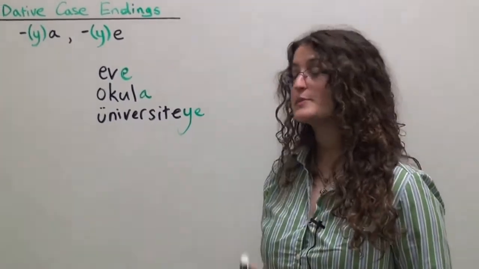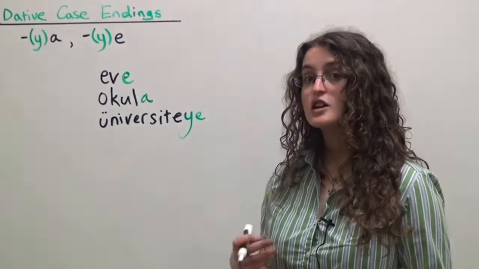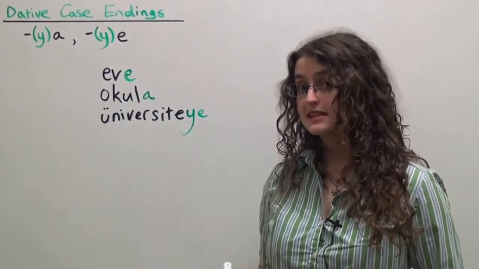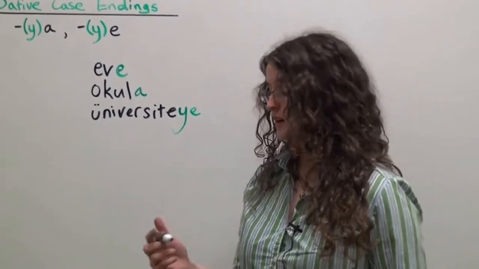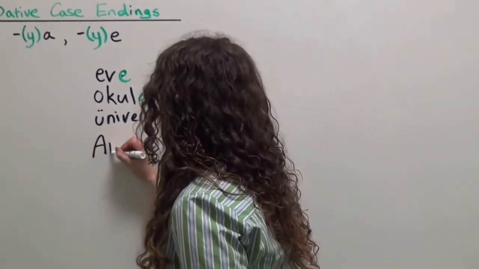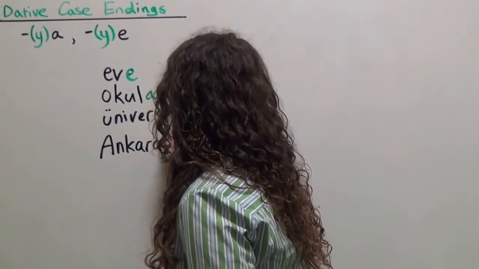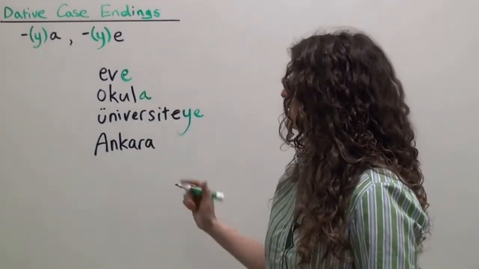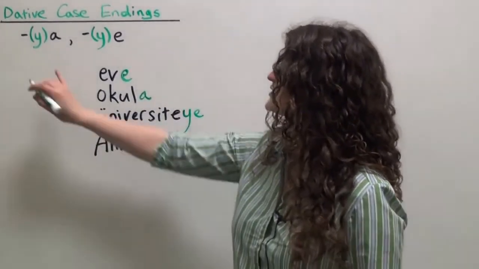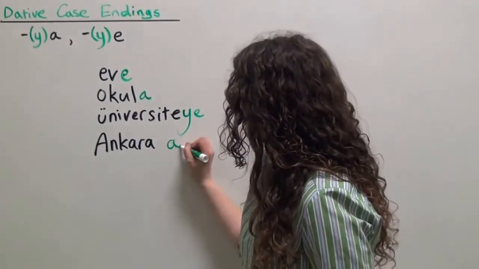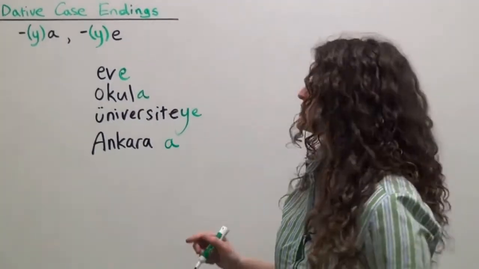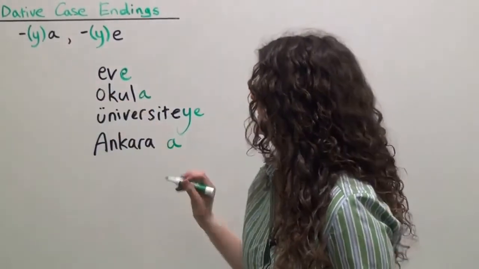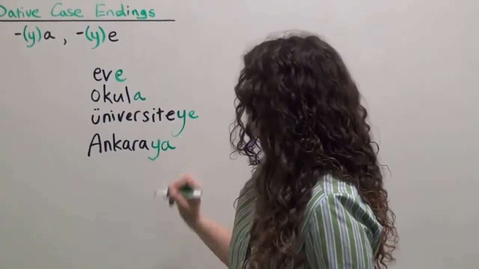It is also possible to add the dative case ending to a proper noun, like the name of a city or the name of a person. So for example, if we want to say to Ankara, to the city of Ankara, well, vowel harmony tells us we're going to choose a, and since we know Turkish doesn't like to see these two vowels next to each other, we're going to use this buffer y: Ankara'ya.